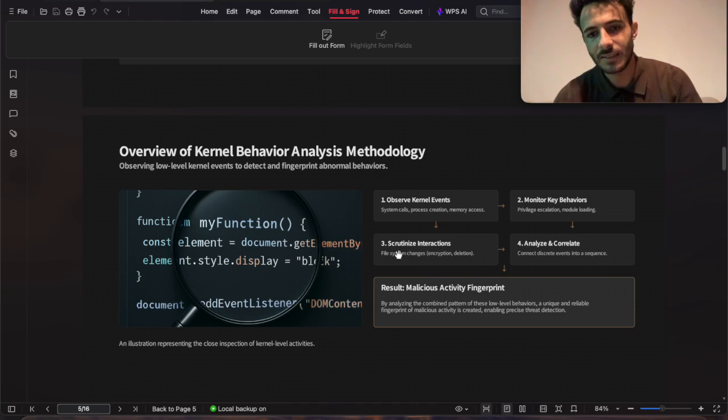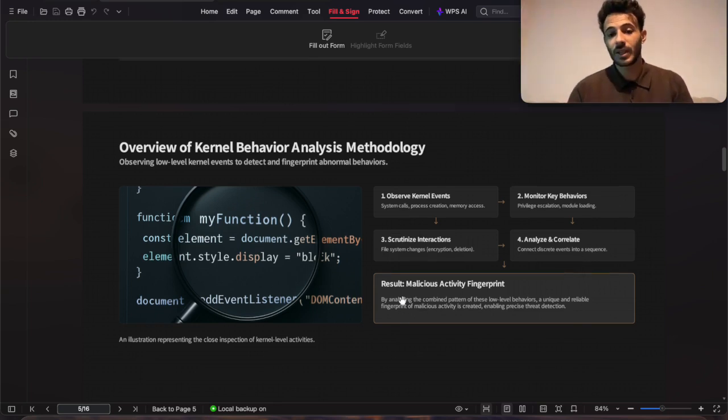And three, synthesis and integration of file system changes. Integration and analysis of chronology, and correlate events into a sequence.